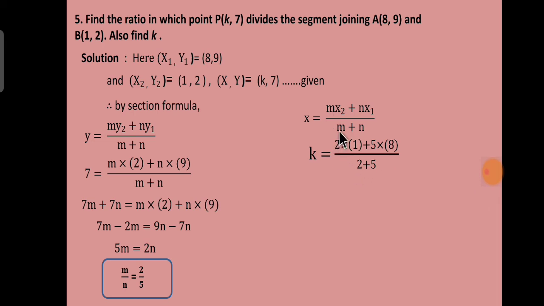The value of m is 2, x2 is 1. Here n into x1, so the value of n is 5 and the value of x1 is 8. Therefore k is equal to 2 plus 40, 2 1s are 2, plus 5 8s are 40, upon 2 plus 5 is equal to 7. Therefore k is equal to 42 upon 7. 7 1s are 7, 7 6s are 42. Therefore k is equal to 6.